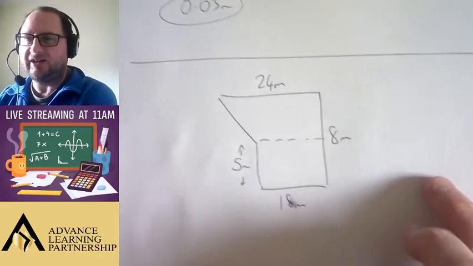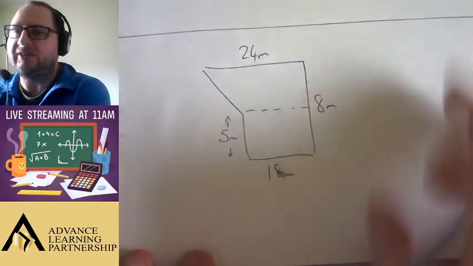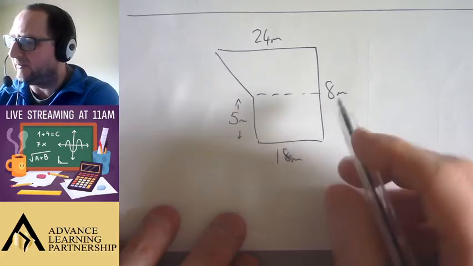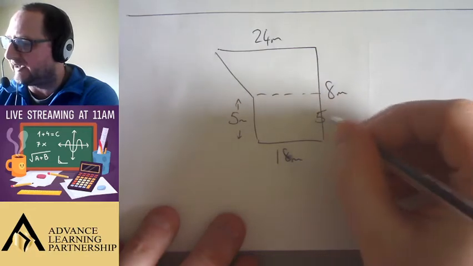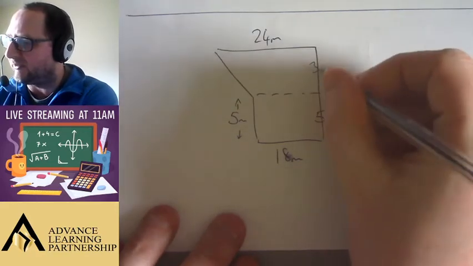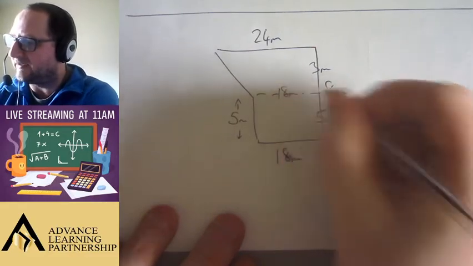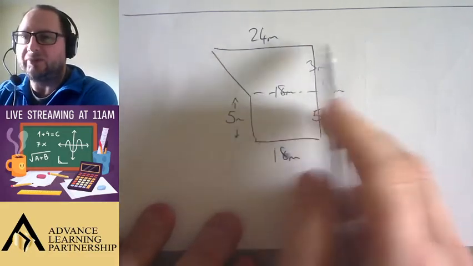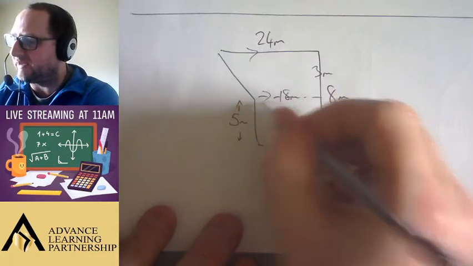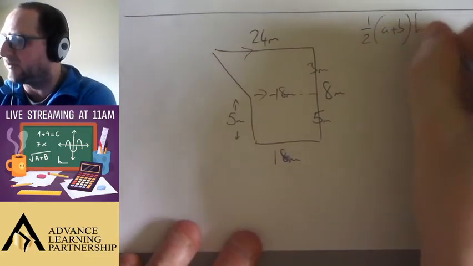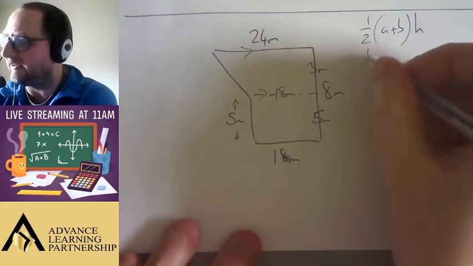And the final question here, and again I'm going to use the trapezium method for this question. We've got some missing heights first of all, so we've got 5 meters here, which means we've got 3 meters there, and we've got 18 meters across there. So my trapezium has parallel sides of 24 and 18, so it's a half of the parallel sides multiplied by the perpendicular height.